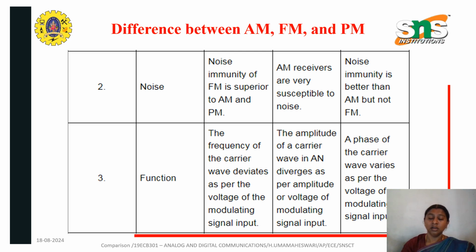The noise immunity of FM is superior to AM, but the AM receivers are very susceptible to noise. So the main difference is that the frequency of the carrier wave deviates in frequency modulation, whereas in amplitude modulation the amplitude of the carrier wave is varied. Then in phase modulation, the phase of the carrier wave varies as per the voltage.